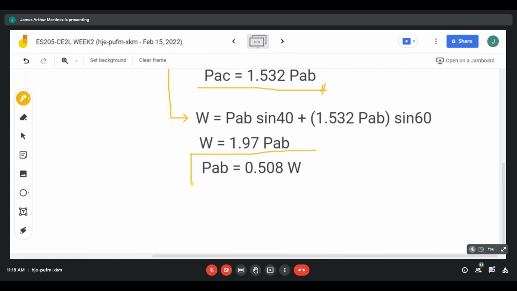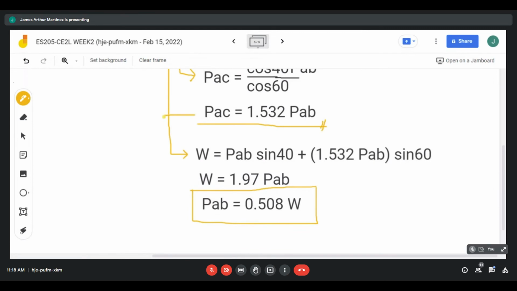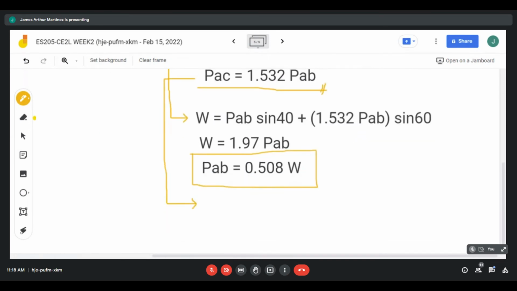And we will use this to get the relationship with W, or the weight, and the internal force at AC, or at bar AC.